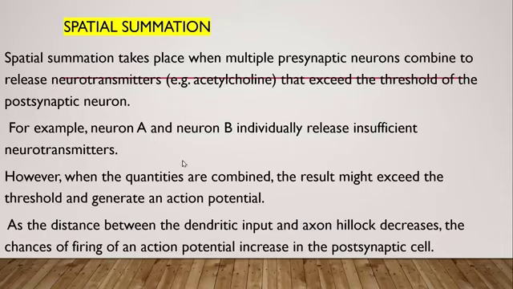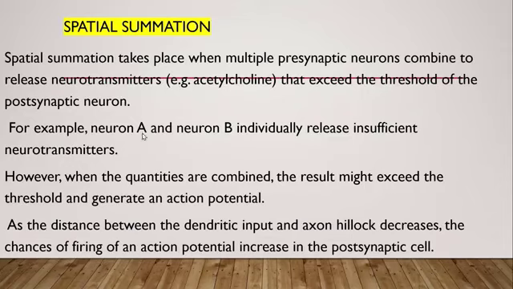For example, if we have neuron A and neuron B, when they are stimulated individually, their individual effect cannot produce sufficient neurotransmitter to elicit a postsynaptic action potential. However, when the quantity of neurotransmitter of neuron A and neuron B are combined together, the result might exceed the threshold for engendering an action potential.